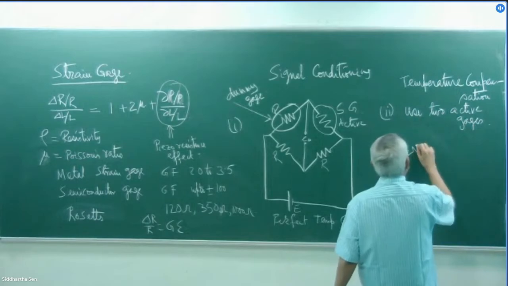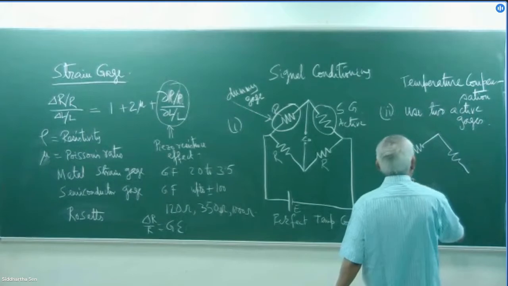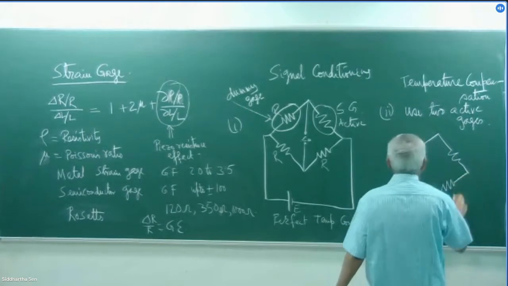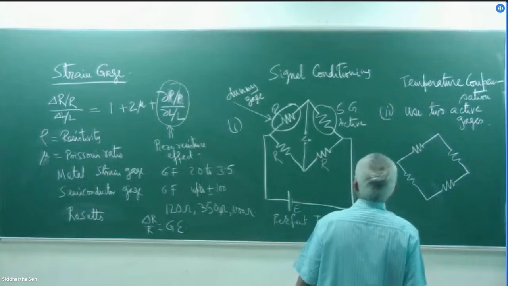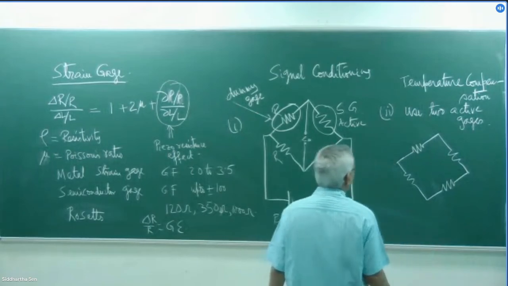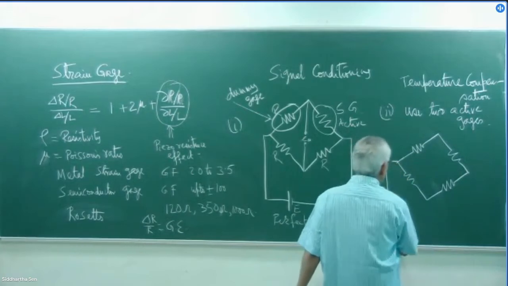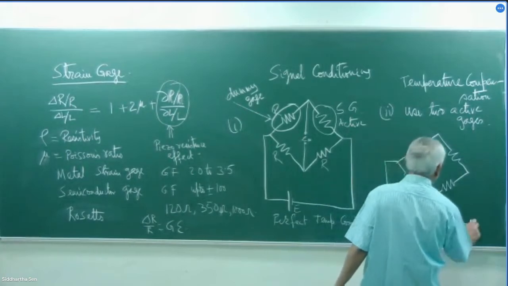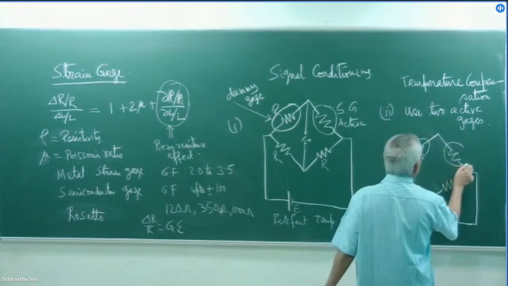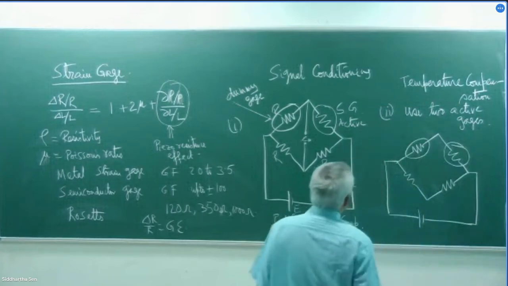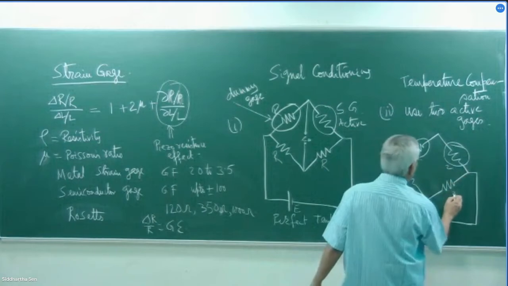Instead of a dummy gauge, which is not experiencing any strain and will cause you more problems, it is better to connect two strain gauges. This is an active strain gauge, and this is also another active strain gauge. So here I call them 1, 2, 3, 4.